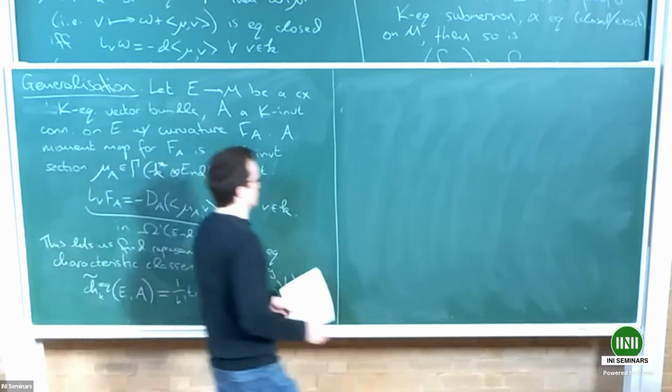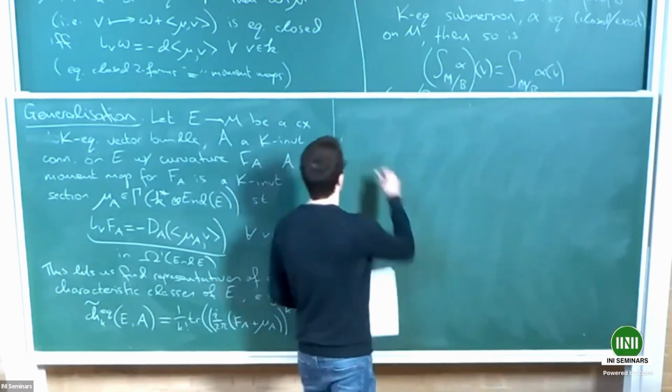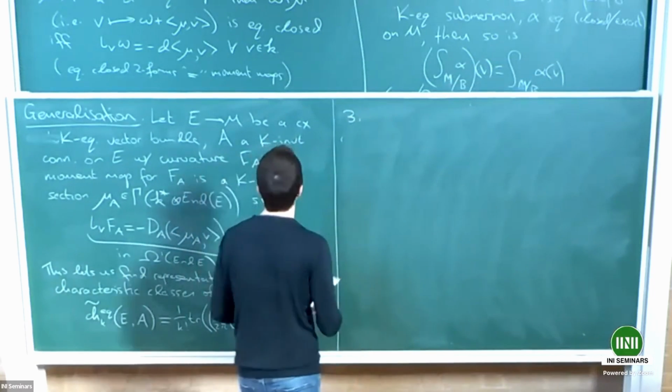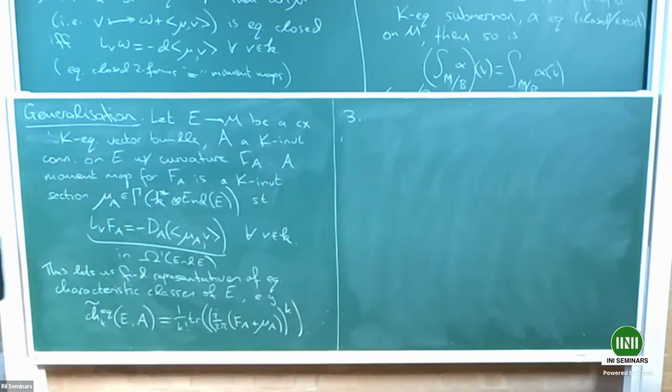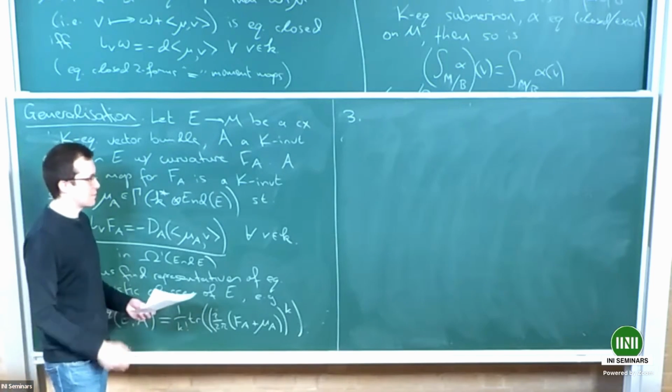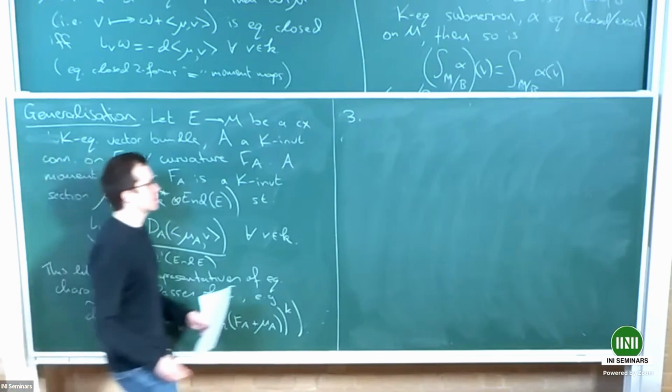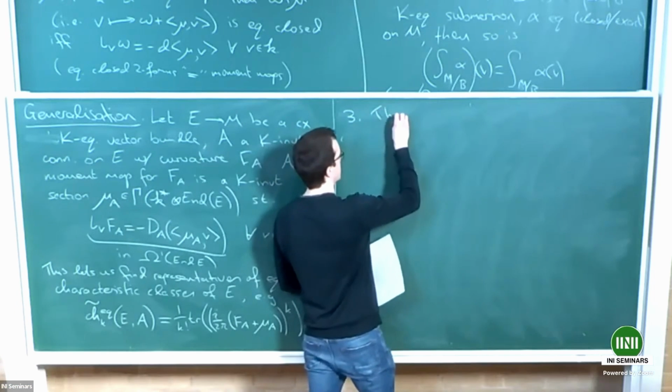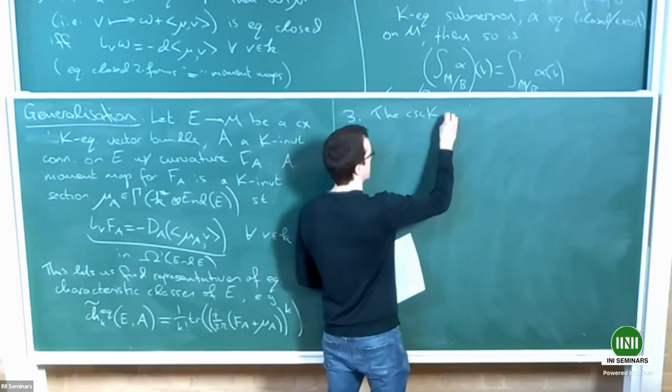Okay, so that's all the background. I now want to give an example of how we can use all this equivariant machinery to construct an example of a moment map equation. The equation that I'll pick is the cscK equation.